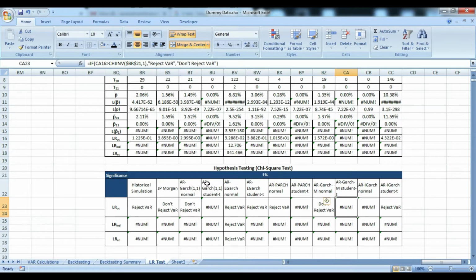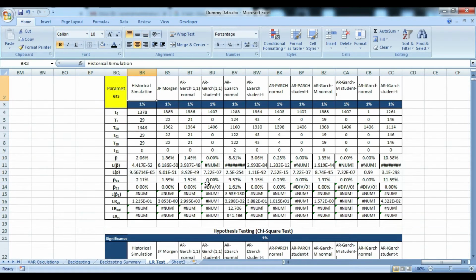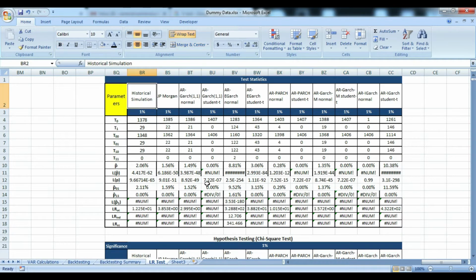So that's a call that you guys take, whether to apply the LR test in selecting the VaR models or go ahead with the backtesting summary. Probably the backtesting is a more fruitful way to go ahead with your models, and always these things change with your data as well as the time period in question where you are conducting your model test.